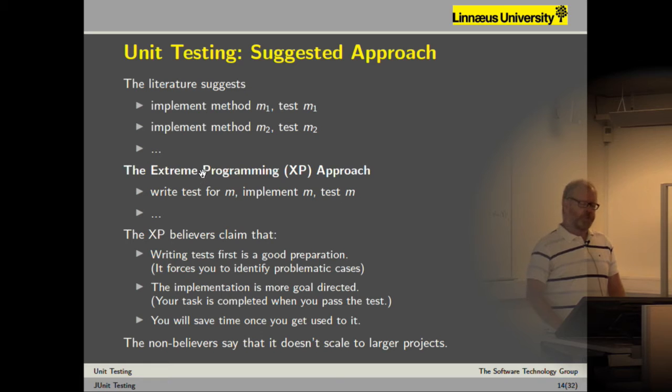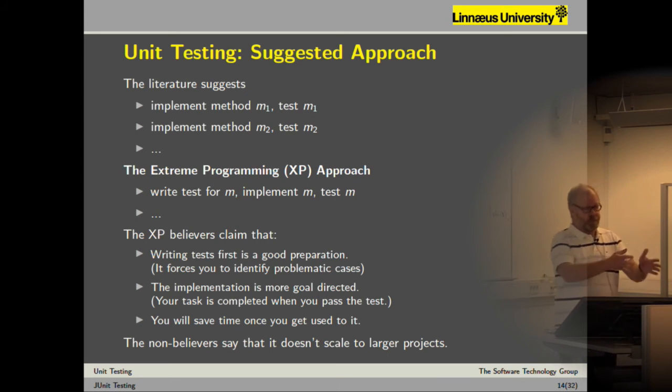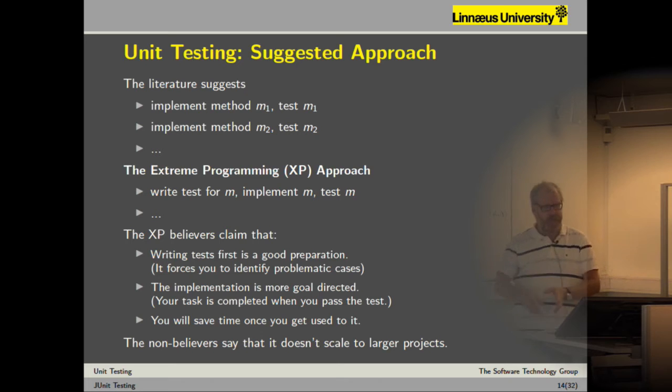There is one approach to testing that is called extreme programming. They are suggesting that we should write a test for M, then implement M, and then test it. You should start by thinking in terms of tests. You write a test, and then you implement the method that fulfills this test. They are saying that you become more goal-directed.